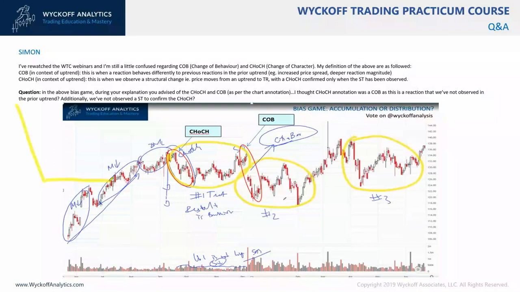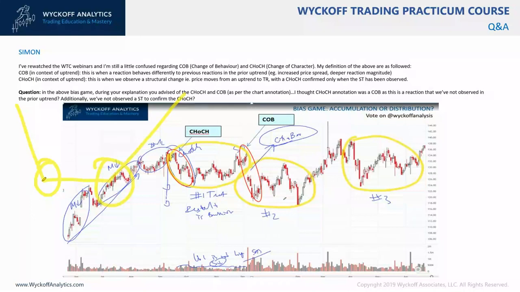A downtrend, a consolidation, an up move, and those environments or characters are going to change as we go into different environments. So we needed to identify behind the change of character terminology something that changes the structure.